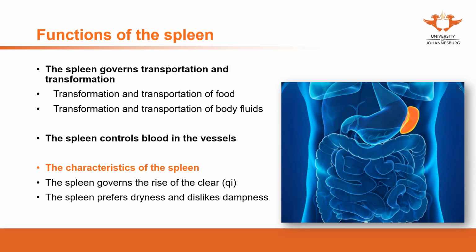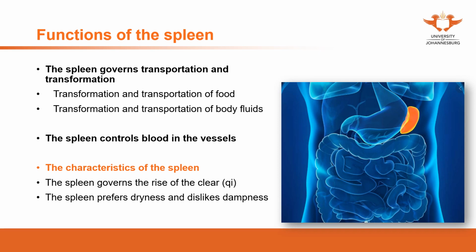There are two main functions of the spleen. The spleen governs the transportation and transformation, and the spleen controls the blood in the vessels. The spleen governs the transportation and transformation, which includes two aspects: the transformation and transportation of food, and the transformation and transportation of the body fluid.